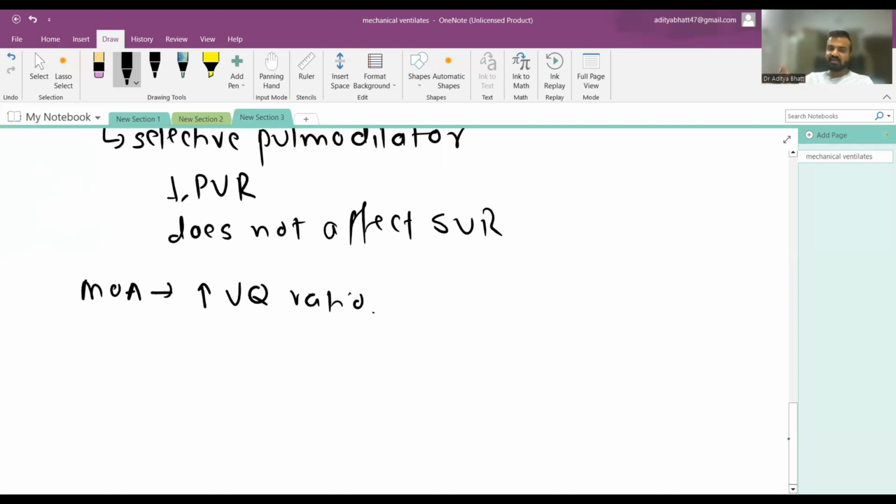The nitric oxide gets absorbed in those alveoli where the O2 is highest. So its effect is also highest where the O2 is highest. So this is very, very important, that it improves the oxygenation. Also, there is increase in ventilation and increase in perfusion separately.